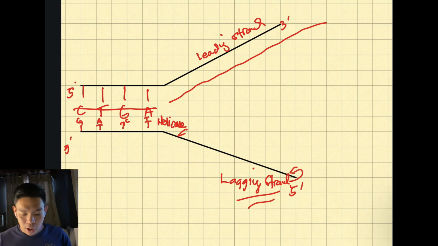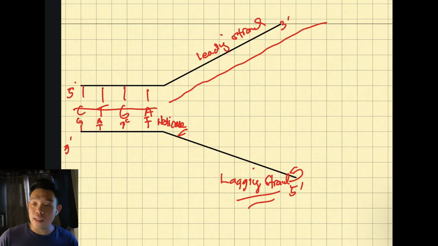But since the direction of the lagging strand is 3' to 5', the DNA polymerase cannot add in the reverse direction. Instead, it first adds RNA primers, which are then removed by an enzyme, and those RNA are replaced by DNA polymerase until the DNA process has been wound up and completed.